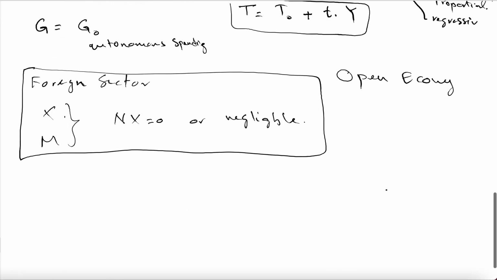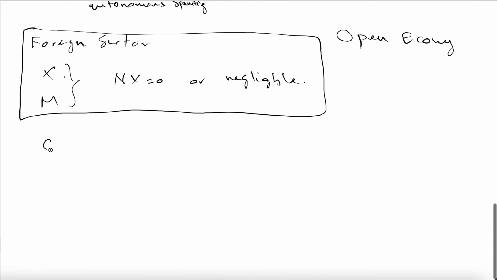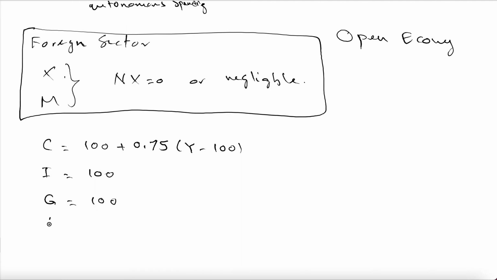So our consumption, I rewrite it, our consumption is 100 plus 0.75 Y minus 100, because the T is this much, and investment is a fixed amount of 100, government spending is a fixed amount, and the tax is what has been shown here.